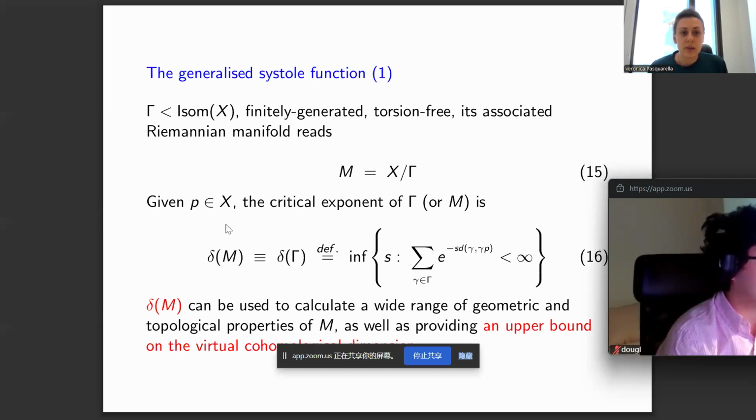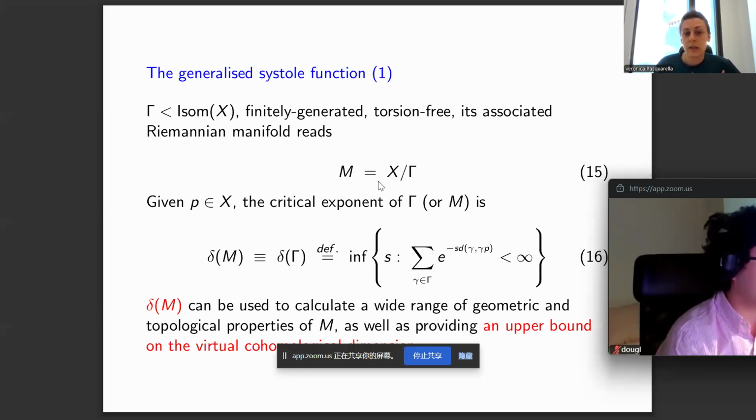And basically, we see this coming from something which is already known in part, because we can study the properties of the virtual cohomological dimension of the mapping class group by knowing about the critical exponent of a manifold obtained by quotienting the original manifold by some finite isomorphism group.